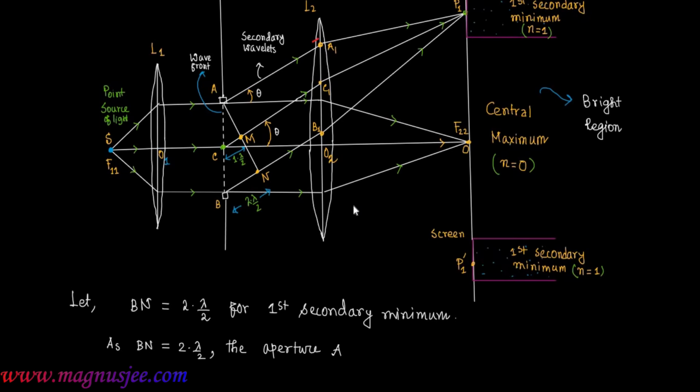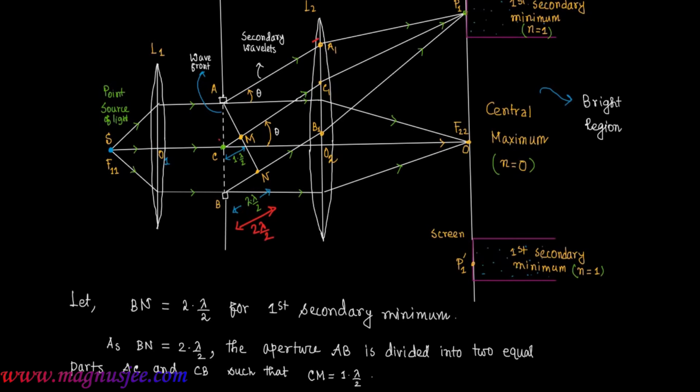As BN is equal to 2 lambda by 2, the aperture AB is divided into two equal parts, AC and CB, such that CC1 is equal to 1 lambda by 2.